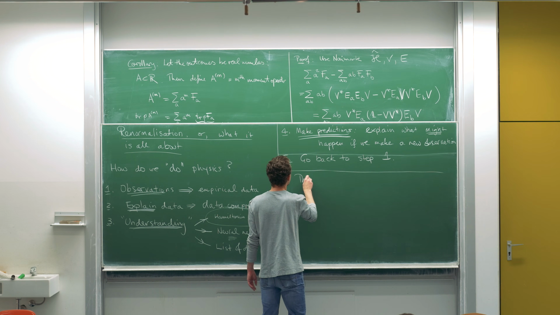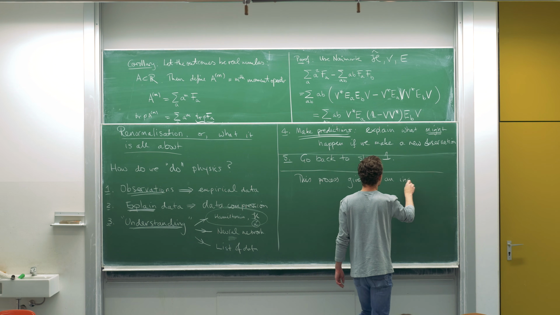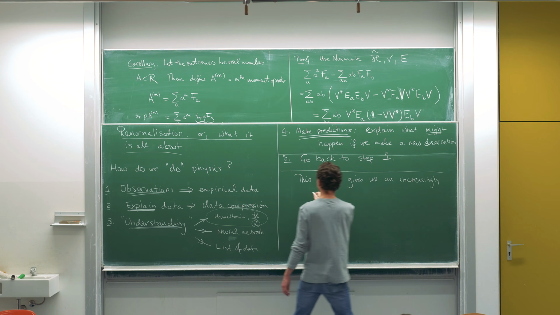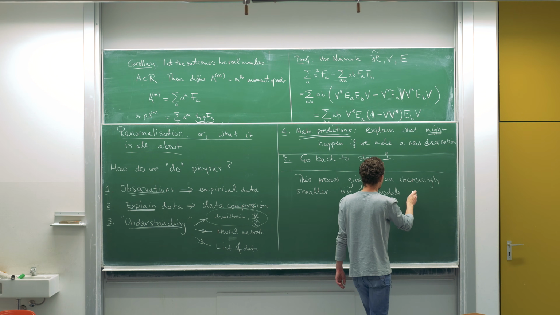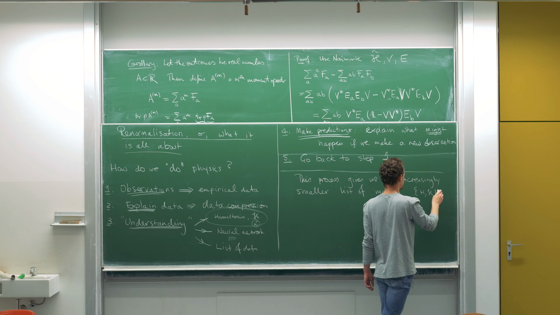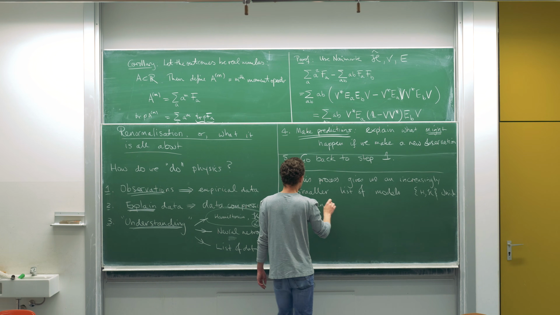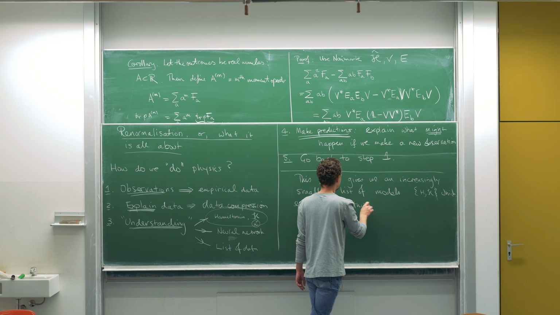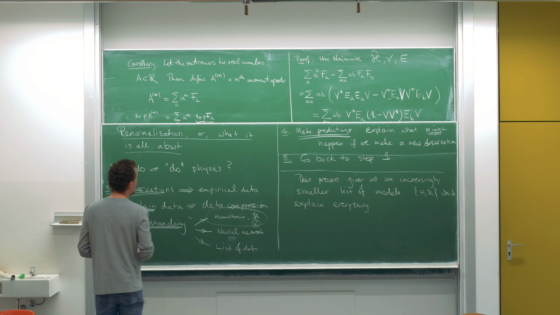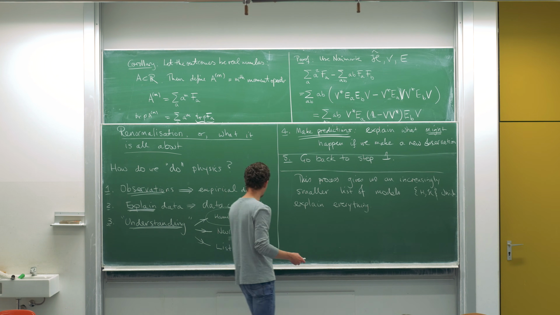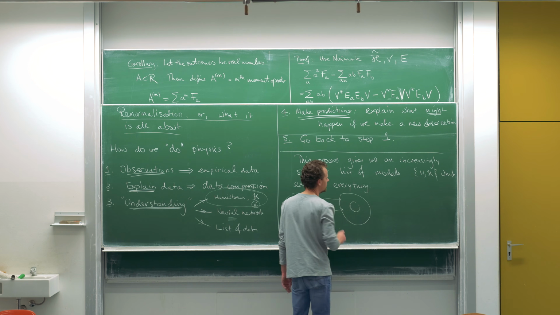So let me just say that. As we iterate through this process of observing, explaining, understanding, rejecting, we take this initial space of all possible explanations and we cut it down at each iteration to a smaller set of allowed explanations.